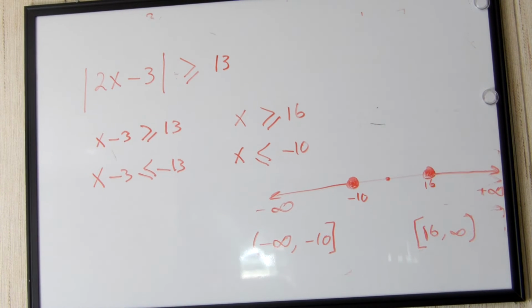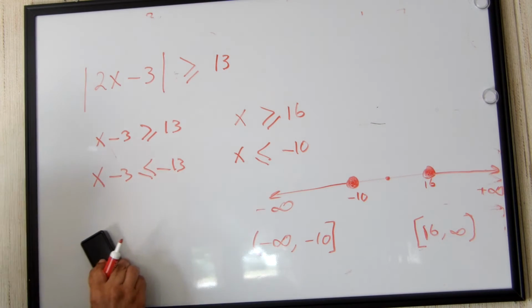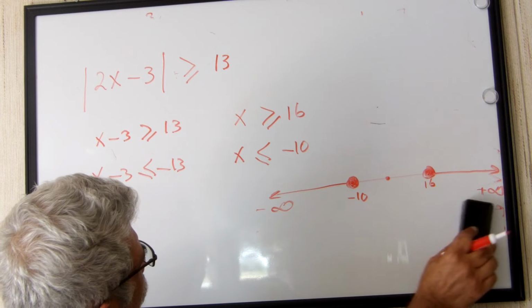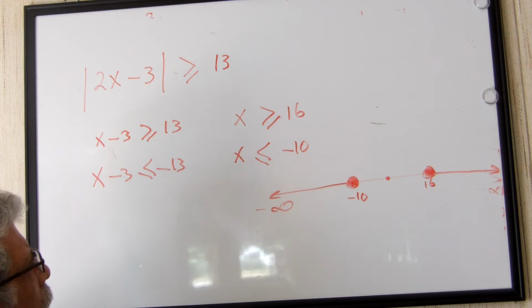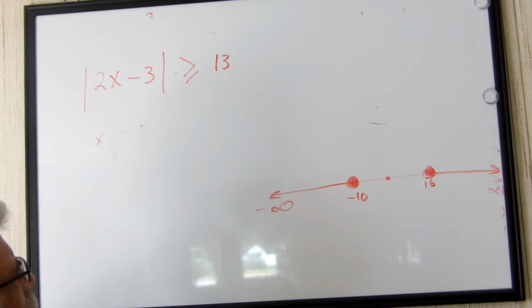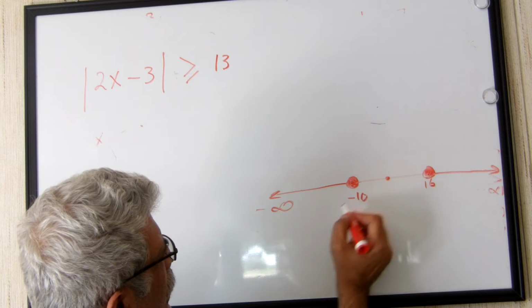I'll give you some more examples. If somebody says you don't have this information, you just write it from the graph.